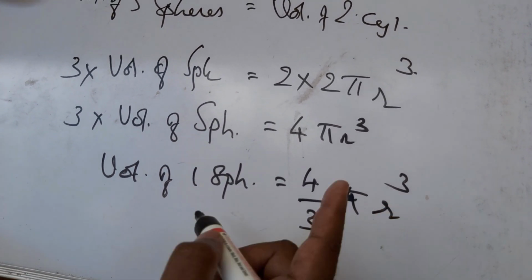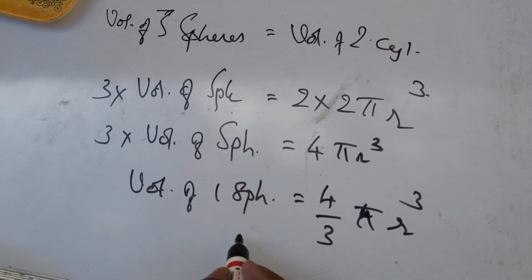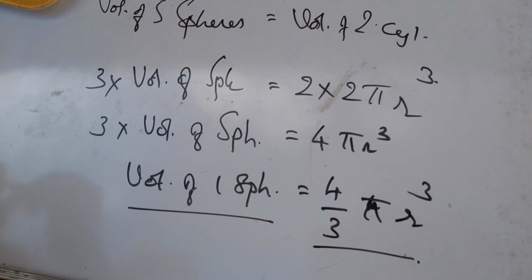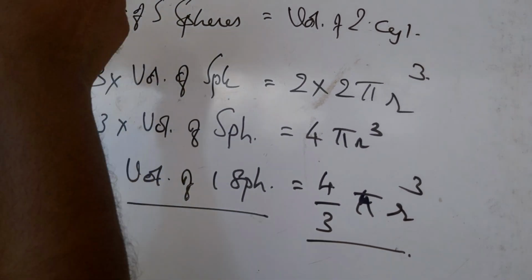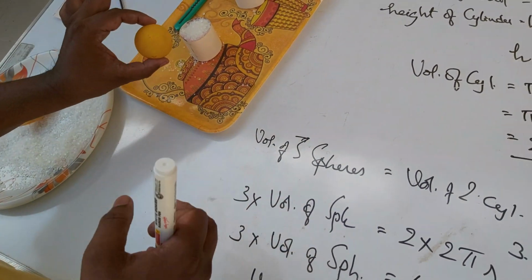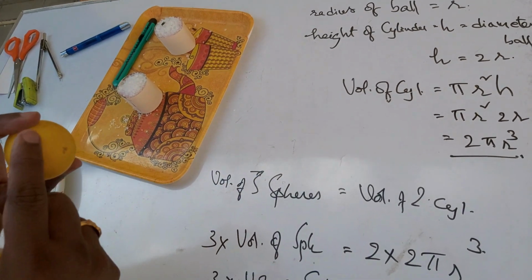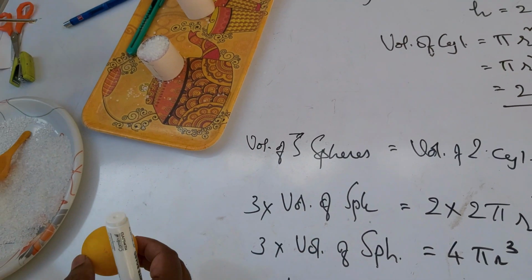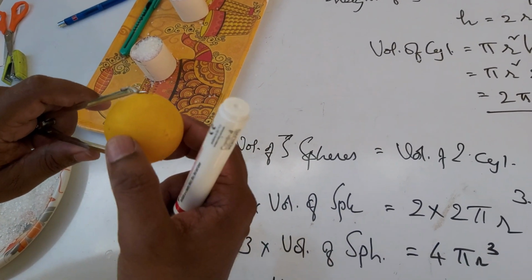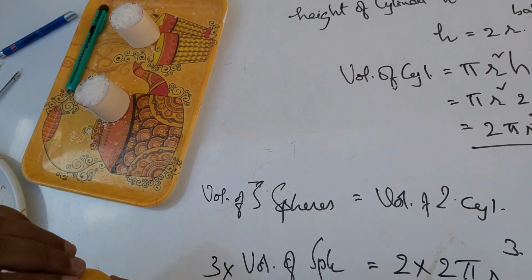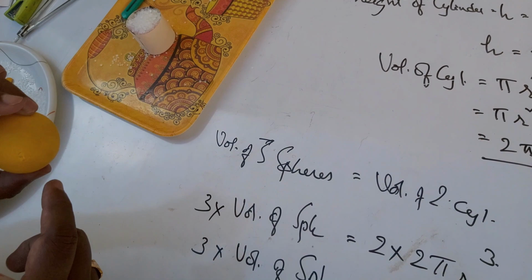So this is the formula for the volume of the sphere. In this way we can do it. Again, first we found out the radius of the ball. We found out the diameter of the ball by means of the divider, and we made two cylinders whose height is equal to the diameter of the ball.